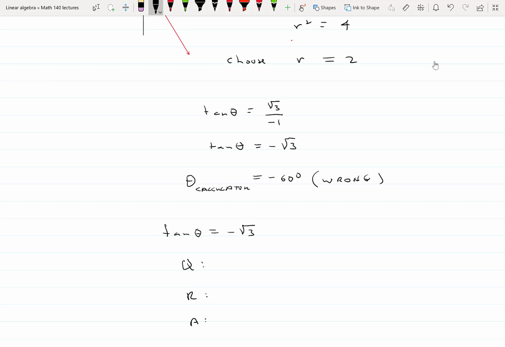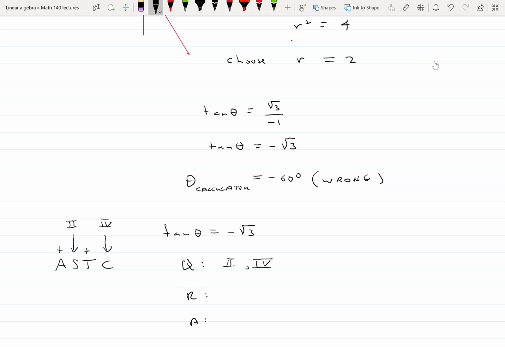If we were using QRA, the quadrants where the tangent is negative, remember all students take calculus, the device for determining the quadrants where the trig functions are positive. The tangent is positive in 1 and 3, so the tangent is negative in 2 and 4.